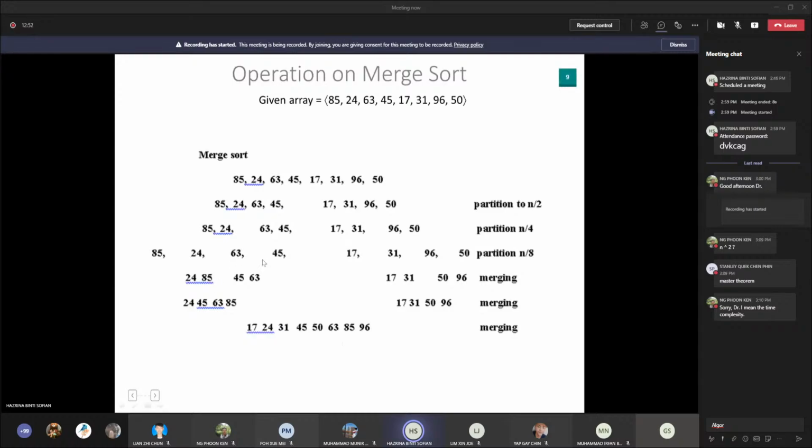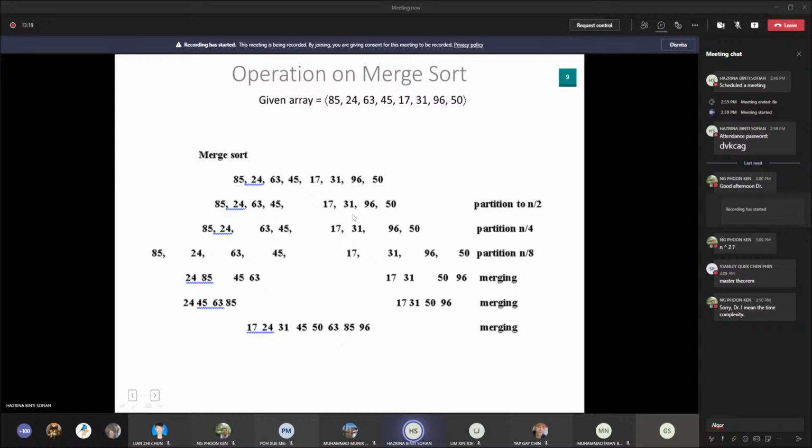Next, we compare 63 and 45. Since 45 is smaller, we swap places. Next, we compare these four numbers. Therefore, we get 24, 45, 63 and 85.